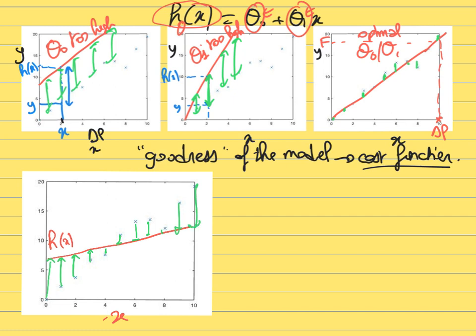But if we just use directly the difference between, for each x, the true value y versus the predicted value h, then you run the risk that sometimes your model will be higher than the true data, and sometimes the model will be lower than the true data.